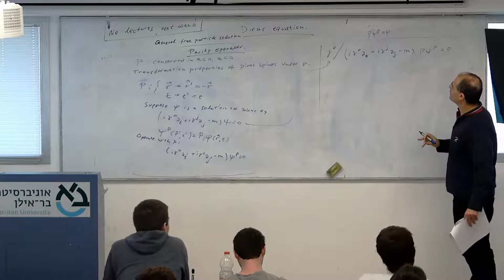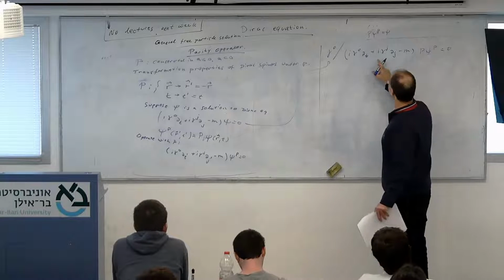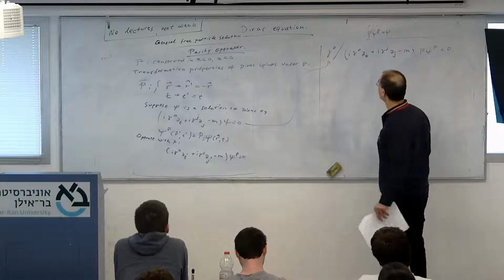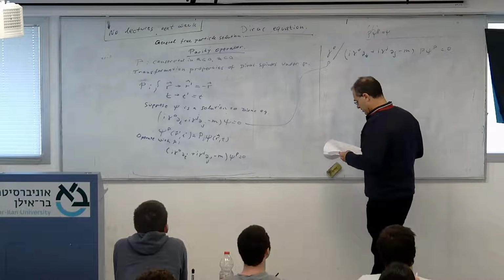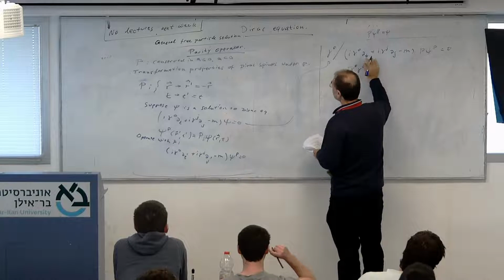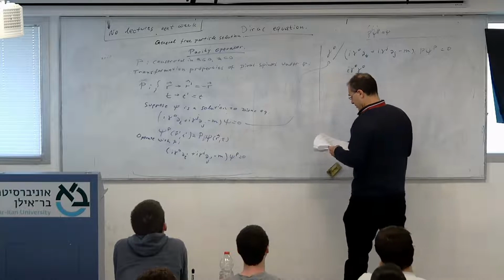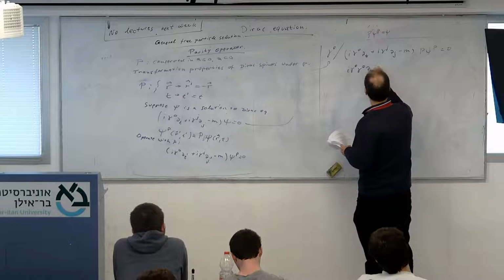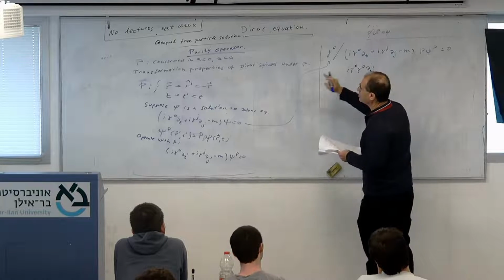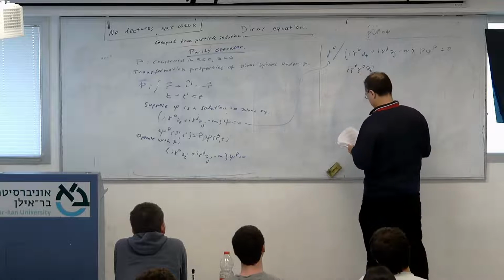Okay, so I multiply by gamma 0, and I'm going to express that in terms of the new coordinates, r prime and t prime. So what we have is i gamma 0, dt and dt prime are the same. Now dj and dj prime have an extra minus sign.